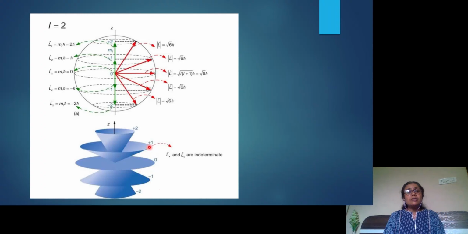And because this L bar vector is constantly precessing, we can say that Lx and Ly are indeterminate. We cannot fix Lx and Ly, but only Lz will be quantized. Okay, so that was space quantization of orbital angular momentum.